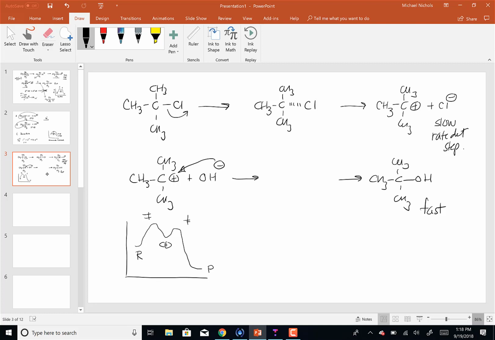Now, either way I go in this reaction, from left to right or right to left, if I'm breaking the bond or I'm making the bond, same transition state. The bond is partially formed. Now I've got to average the charges out. So on the left, both the carbon and the chlorine are 0 formal charge. And on the right, the carbon is +1. So the average of 0 and +1 is?